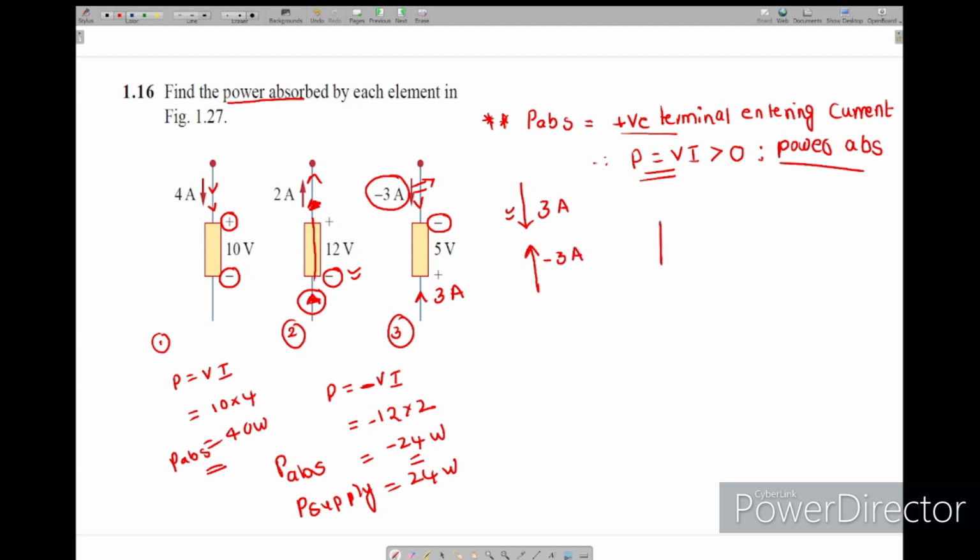I have taken this as plus 3 amps. So again, current is entering at the positive terminal of the element. So power absorbed equals E times I, that is 15 watts. So this is all about power absorbed and supplied.